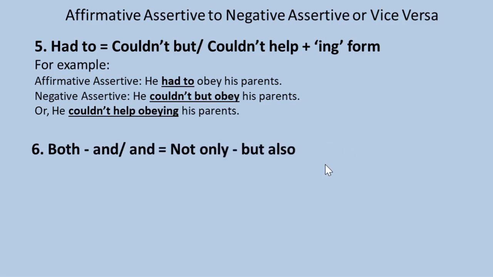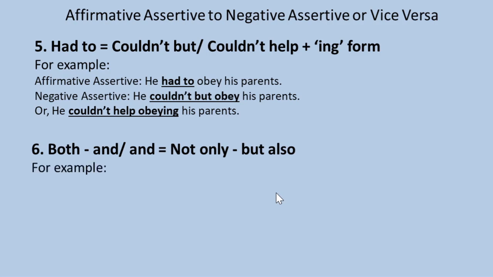Number 6: both and equals not only but also, or and equals not only but also. So both and is a correlative conjunction, not only but also is also a correlative conjunction. One is affirmative, the other is negative.